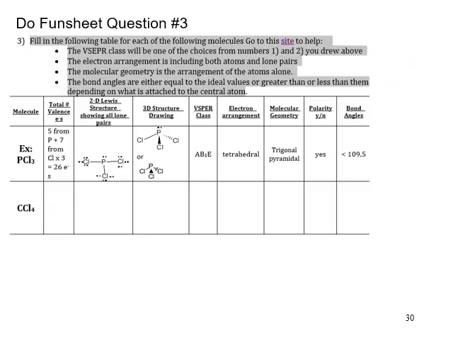So for Funchy question number 3, what I've asked you to do, to practice this, is to go to a site, and I'm going to show you that here in a second. There's a site that will guide you through every one of these, and you will be able to look at a molecule. You want to add up your total number of valence electrons so you can draw the Lewis structure.